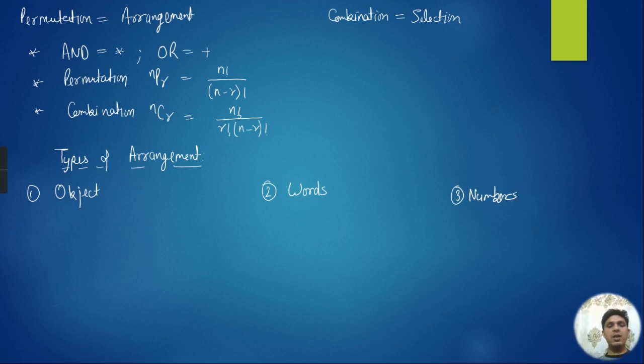When applying arrangement in objects, this can be categorized into two parts: first is linear objects, and the second one is circular objects, right? In words arrangement, only linear arrangement is possible. In numbers arrangement, only linear arrangement is possible. So, students, let's start with the linear arrangement of objects.